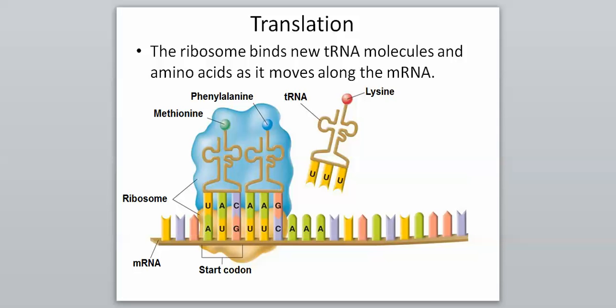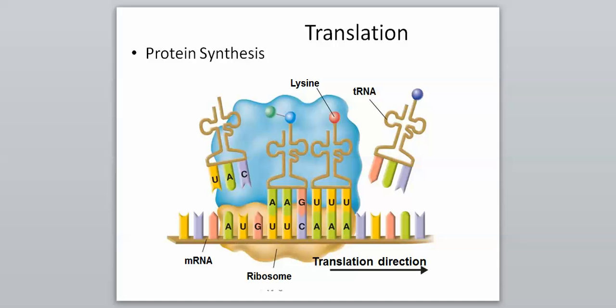A little bit confusing, but it makes sense: the ribosome's job is to make proteins, so it's going along this strand of mRNA that will eventually make a protein, and it's sticking on our new bases and our new amino acids as it goes. It's just building the protein, that's all it's doing. As you can see there, it's continuing to build the protein.